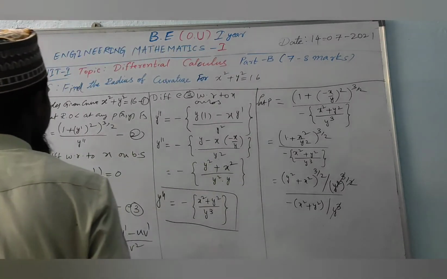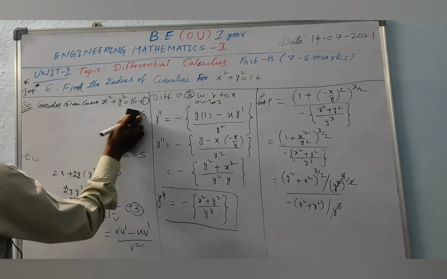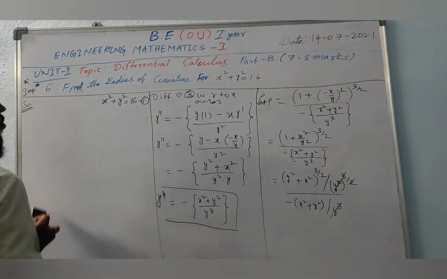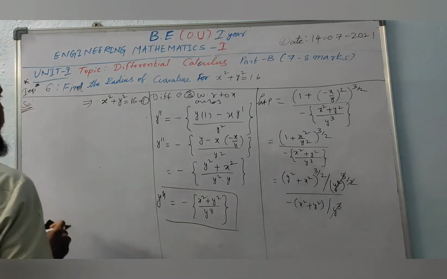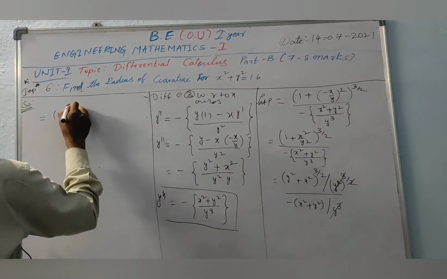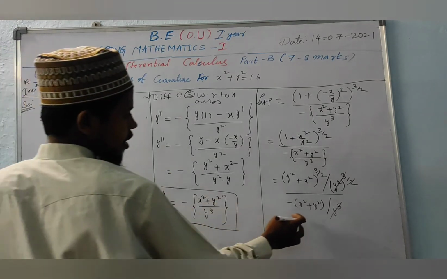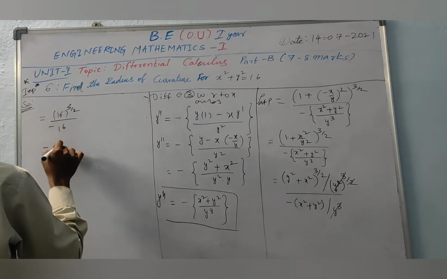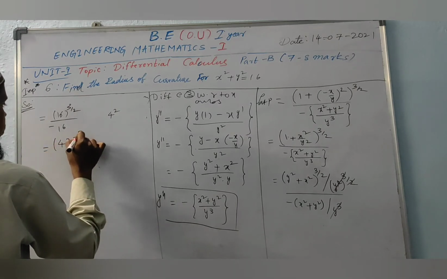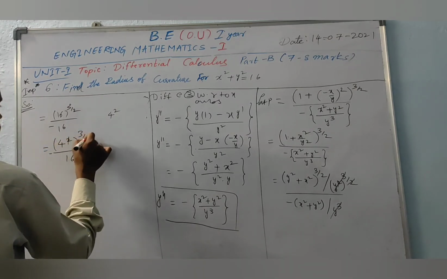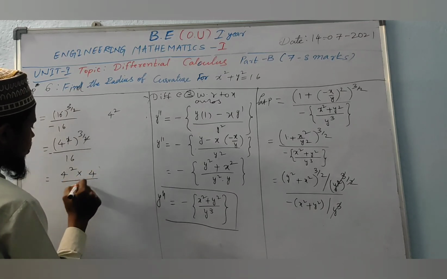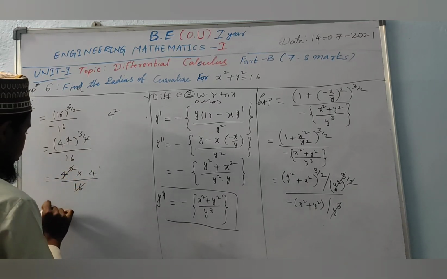So in place of that, x² + y² means 16, so we get 16^(3/2) divided by minus of (x² + y²), which is minus 16. We know that 16 is 4², so (4²)^(3/2) by minus 16 gives 4³ by 16. 4² and 16 cancel, leaving minus 4.